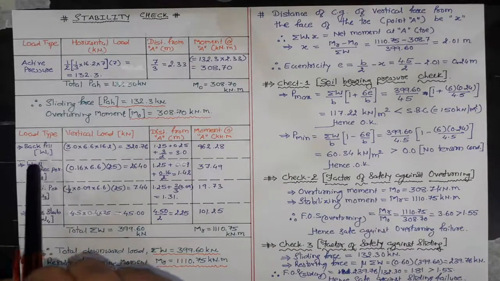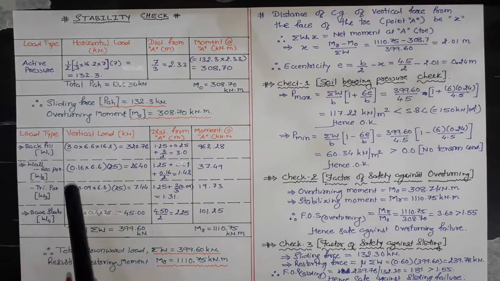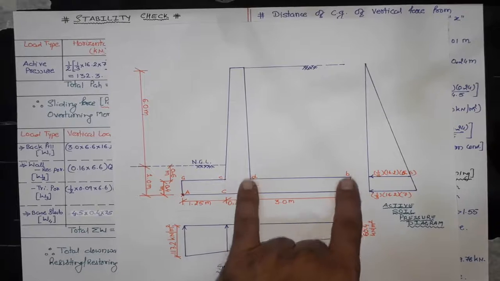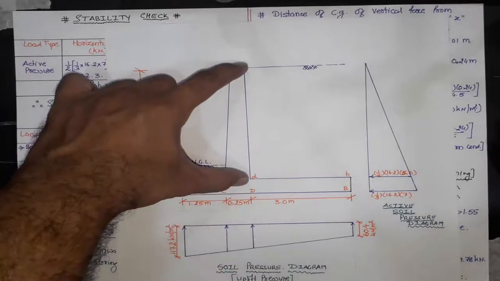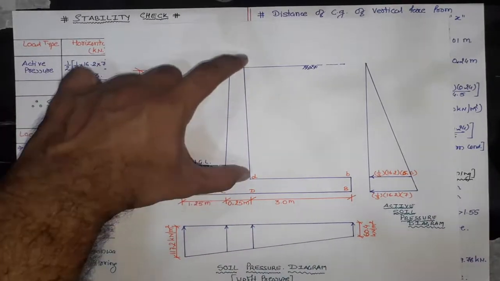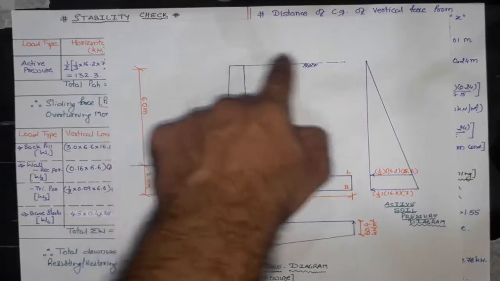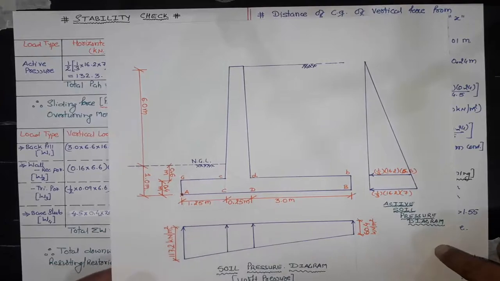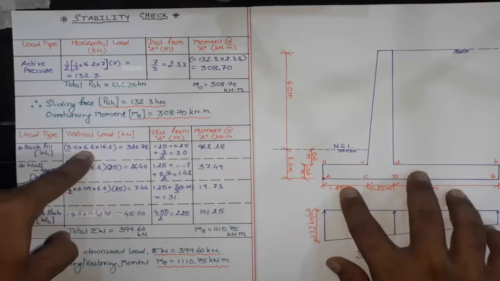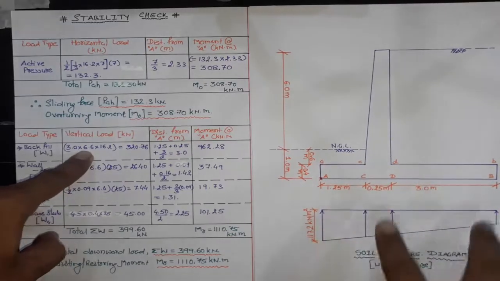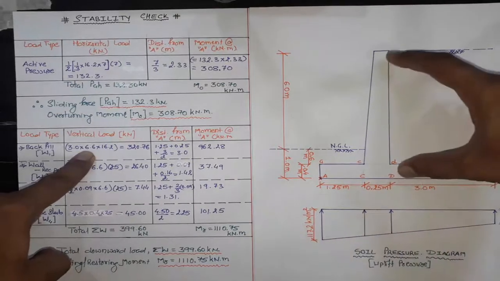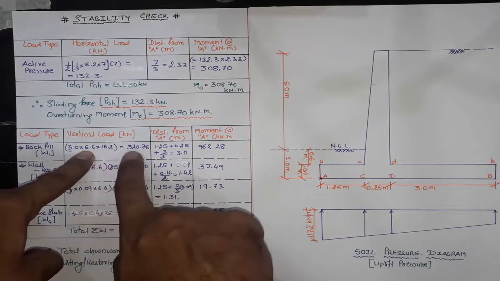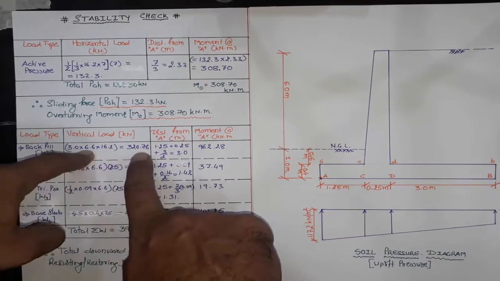First of all, we will consider the backfill. This backfill is for a distance of 3 meter for a height of 6 plus 0.6, 6.6 meter, and the density of this backfill is 16.2 kilonewton per meter cube. Therefore, the weight of backfill will be equal to 3 into 6.6 into density of soil, which comes out to be 320.76 kilonewton.